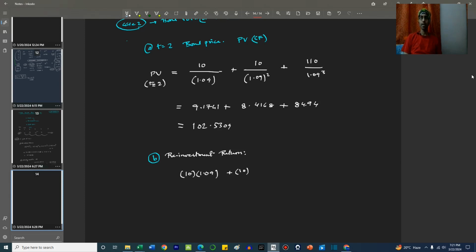So this becomes 10.9 plus 10, which is 20.9. Now the total return becomes 102.5309 plus 20.9, which is equal to 123.4309.